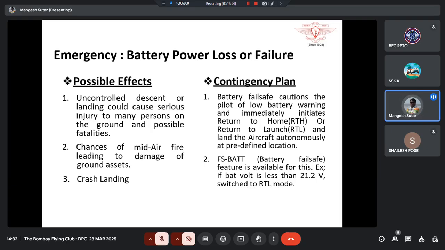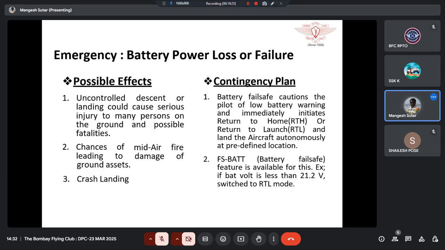So if it is configured for 40%, I should land my drone somewhere around 50%. If I do not follow that procedure, what will happen because of the failsafe battery configuration? As soon as it reaches that threshold, my drone will initiate RTH. So that will be configured.